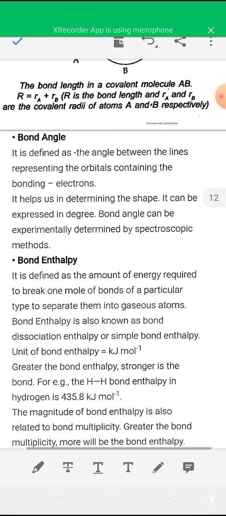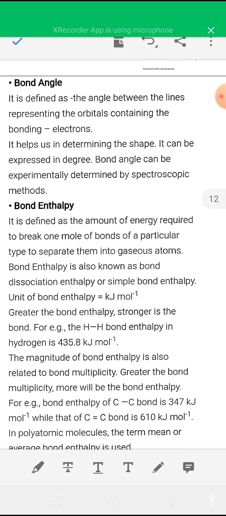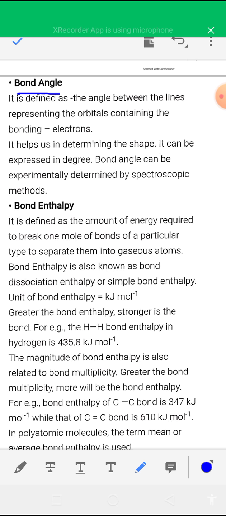The second bond parameter is bond angle. What is bond angle? It is defined as the angle between the lines representing the orbitals containing the bonding electrons. For example, in water, the hydrogen-oxygen-hydrogen bond angle is 104 degrees.